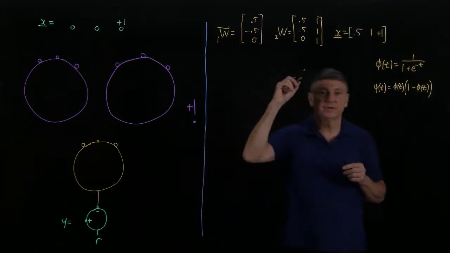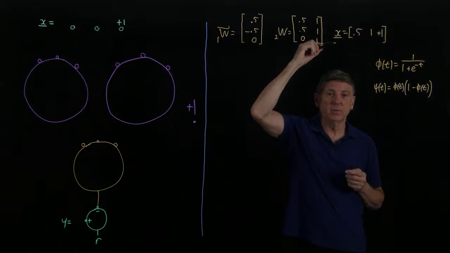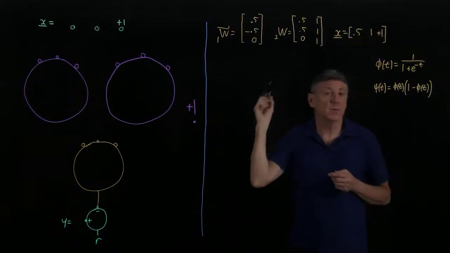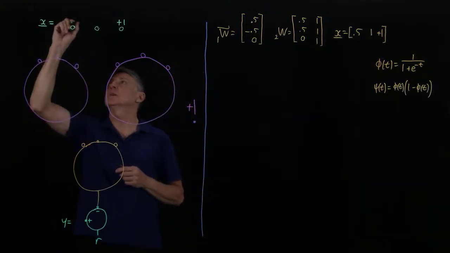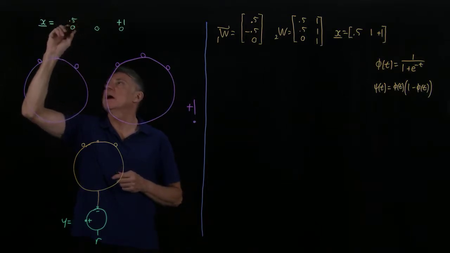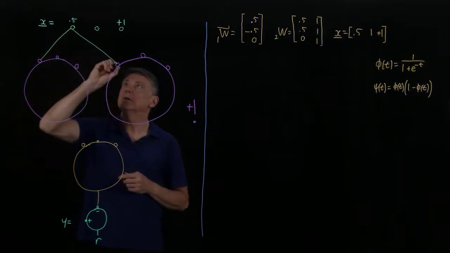The input for this example is a one form that is 0.5 and 1, and then this plus 1 is what we always append. So let's write that down as our data. This will be the 0.5 value, and that will go to this neuron and this neuron.